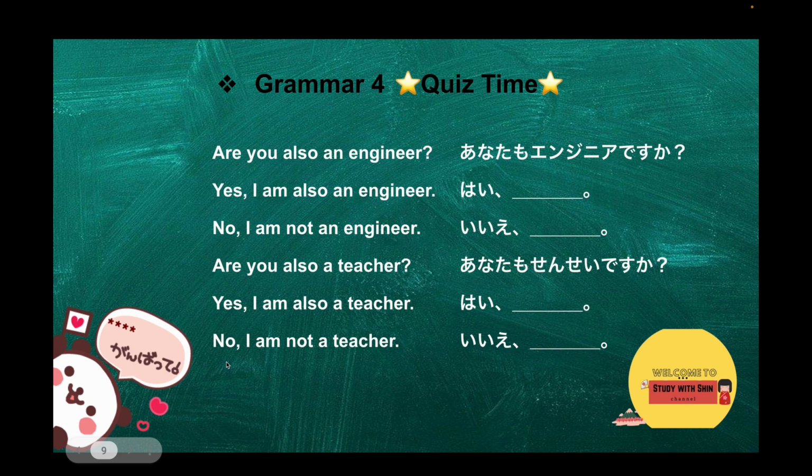If you're not a teacher, you can say いいえ. And then what will you say? Write the answers in the comment section down below, okay? I will not answer this for you before you write the answer in the comment section, okay?